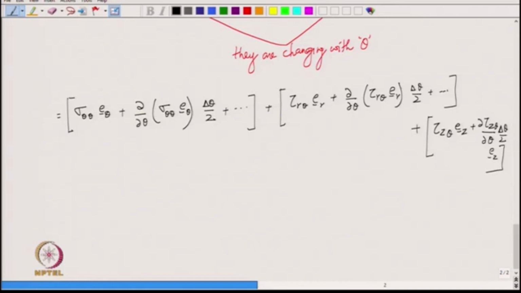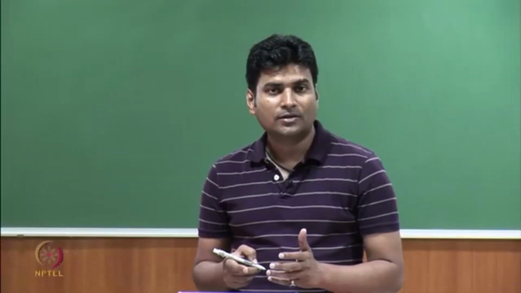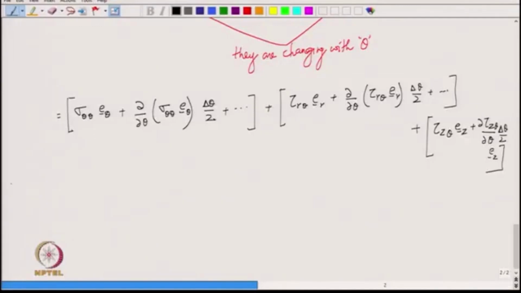Likewise, you can think of the contribution due to the negative theta plane, right, and when you do the Taylor's expansion, the traction on negative theta plane comes with a minus sign here, minus sigma theta theta E theta, correct, but the derivative term becomes positive because you have a minus sign into minus delta theta by 2.